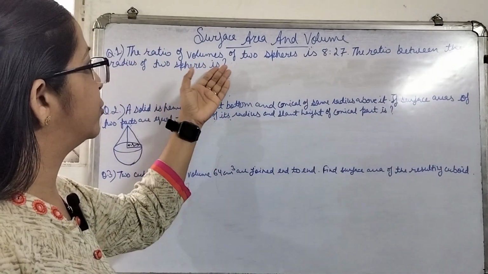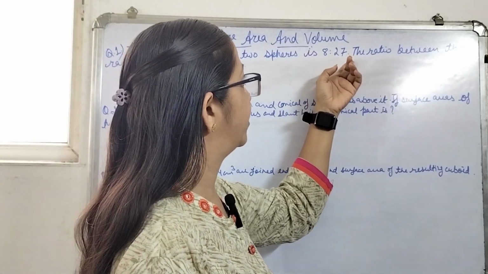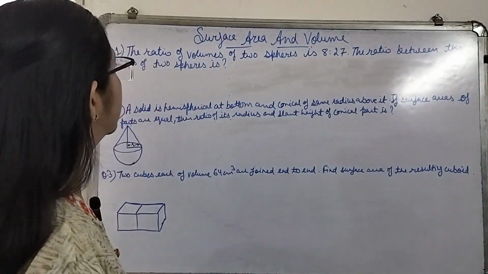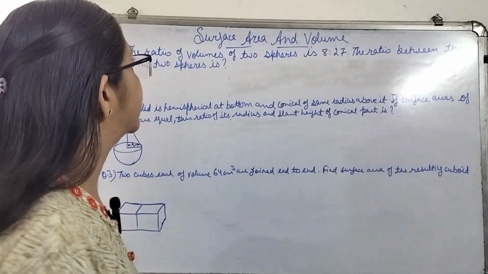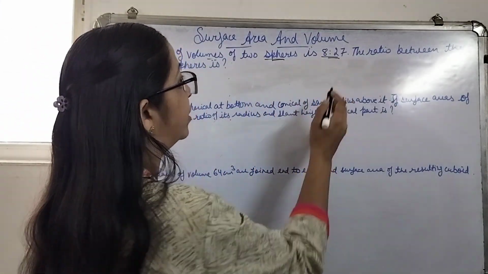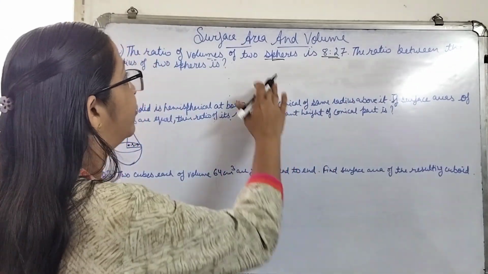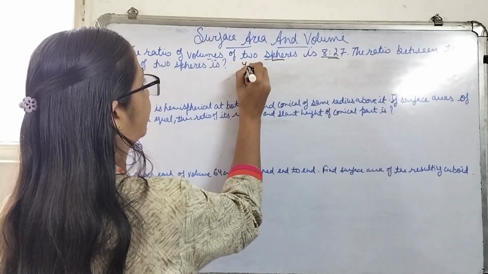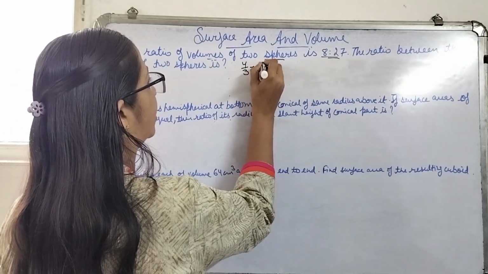The ratio of volumes of two spheres is 8:27. The ratio between the radius of the two spheres is? It is given to us that the ratio of the volumes of two spheres is 8:27. We know that the volume of a sphere is given by 4/3 pi r cube.